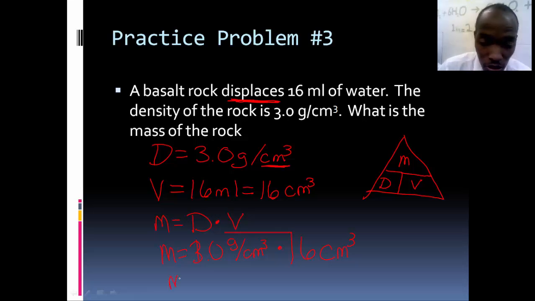And then you will multiply and get 48. 48 what, Mr. Allen? 48 grams.